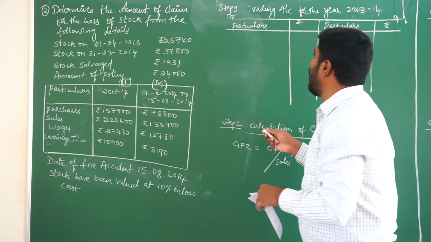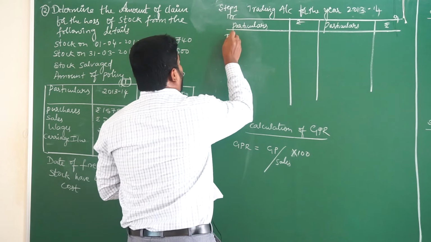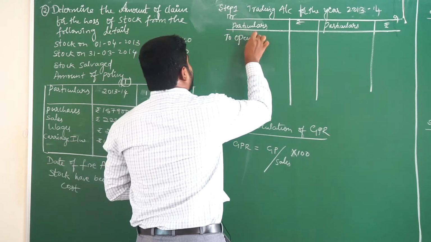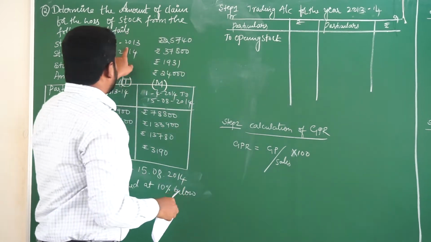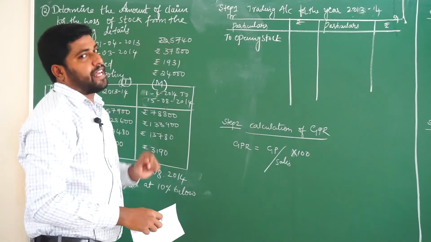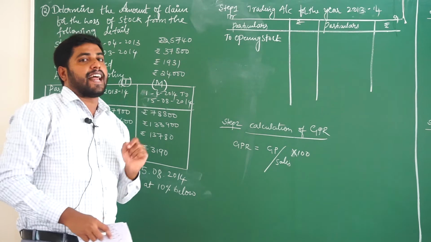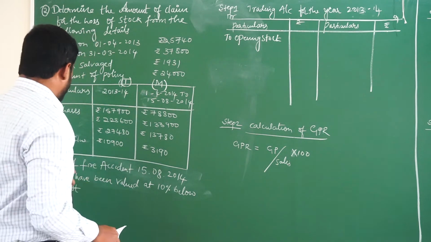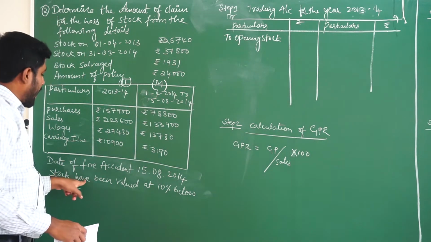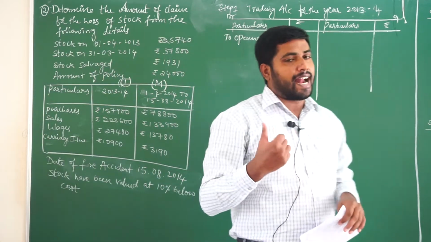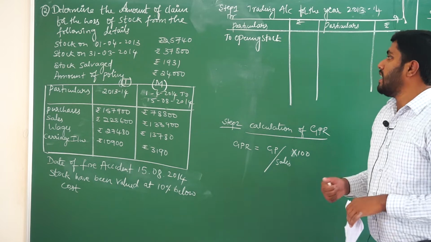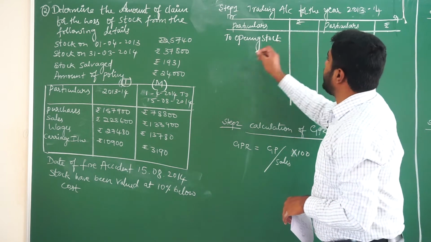In trading account, first record opening stock. Here the value of opening stock is 25,740, but there is an adjustment for opening stock. At the end, they have given that stock has been valued at 10% below cost, which means undervaluation of stock.